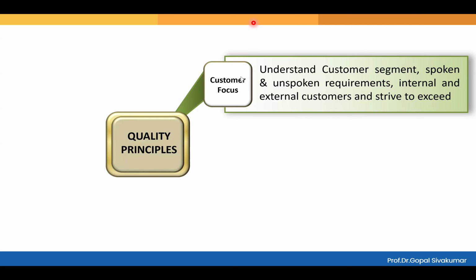But finally, the person who pays for the product, purchases the product and uses the product, he is the end user. All of you are clear here? End user, internal customer, and external customer. All their requirements are linked, and finally they decide the end user's experience with your product. So this is known as customer focus. All of you are clear now?